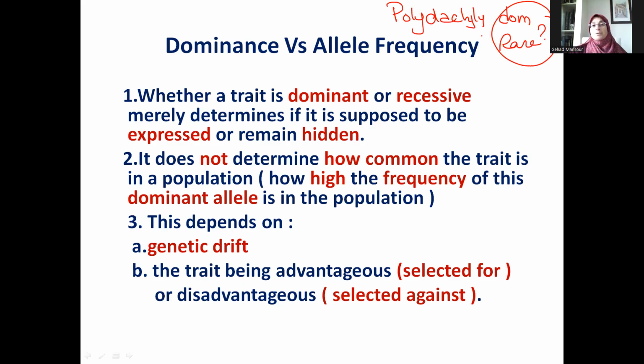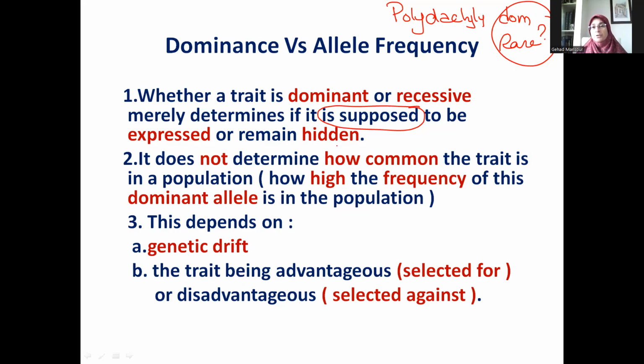Whether an allele is dominant or recessive determines if it is expressed or hidden. But at the end of the day, you cannot guess how common the trait will be in the population because of many factors.